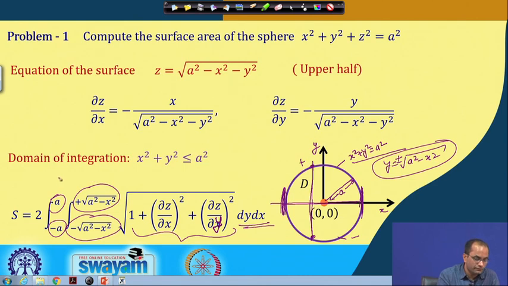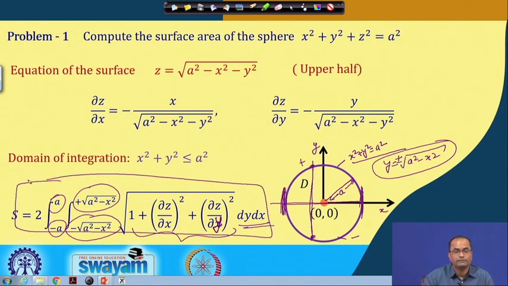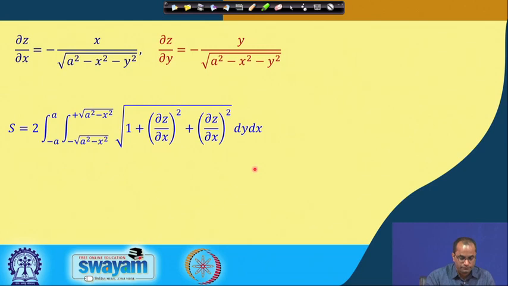So, that is the surface we want to now compute, this double integral, which will give us the surface area of the sphere. So, that is what we have now. The partial derivative with respect to x is given by this, partial derivative of z with respect to y is given by this, and that was the formula.